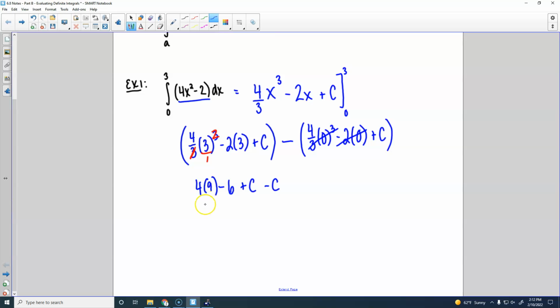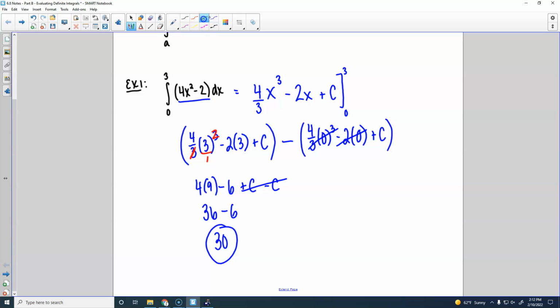So I've got 36 minus 6. Positive c and negative c cancel, so I'll get 30. You don't have to have the c, because they would cancel every time. You're going to have a plus c over here, and a minus c on the second part.